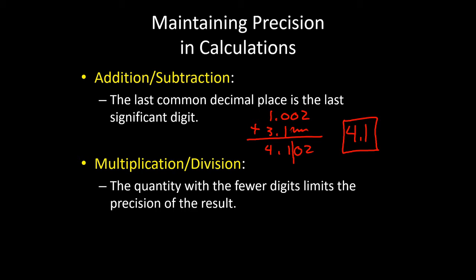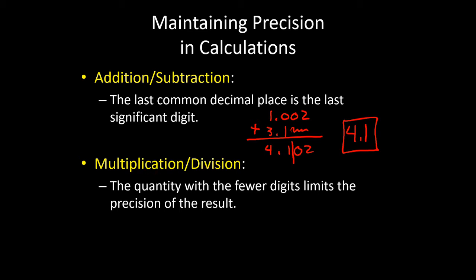Call me old and crotchety, but I'm going to stick to the old rules. So if you're cutting off a number and the very first digit that gets cut off is 5 or greater, we're going to round up. If it's less than 5, we're just going to leave the number as is. Since the very next digit here is less than 5, we're just going to leave it as 4.1.